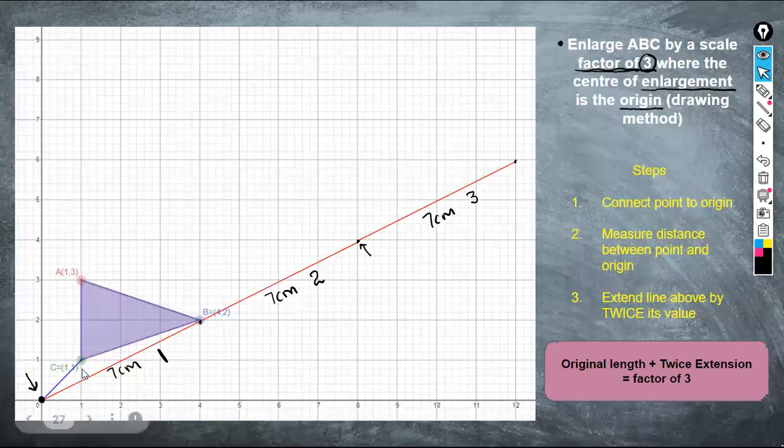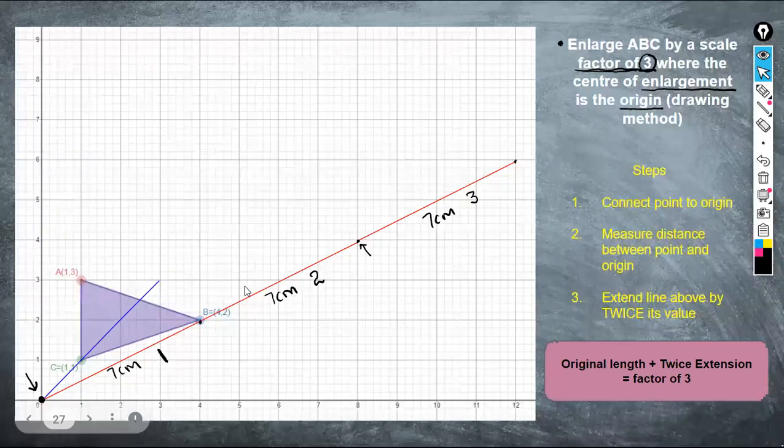So we're going to do it slowly. 1, 2. So how long do you think this entire blue line would be? If the first portion was 2 centimeters, the whole thing would be 6 centimeters. Okay?